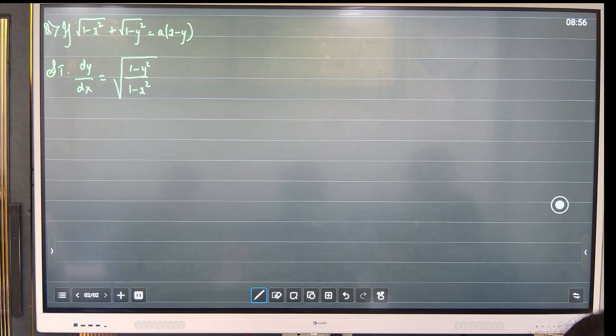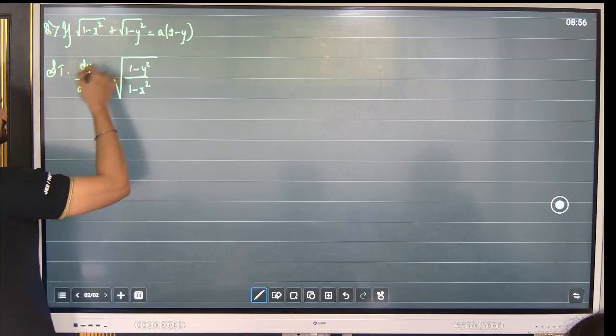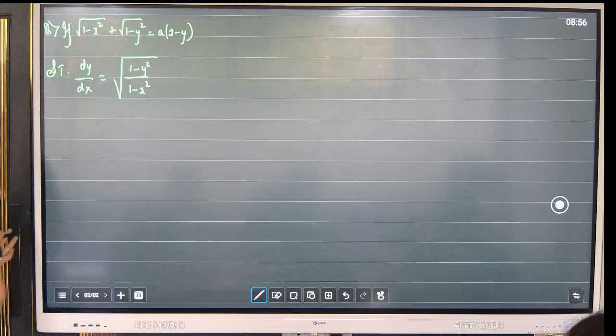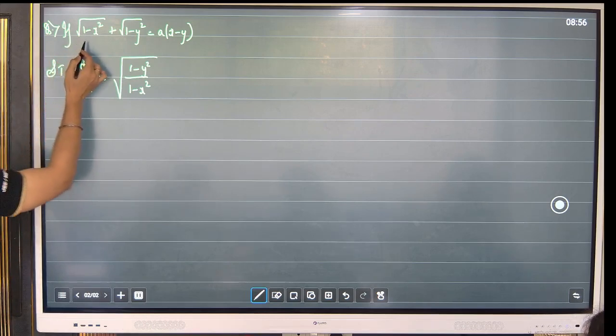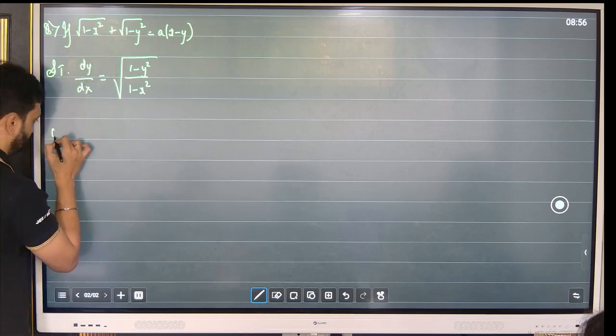Okay. Now you can solve it normally: differentiate this, find dy/dx. You can do that. But if you pay attention, this is constant minus a square. Remember this.